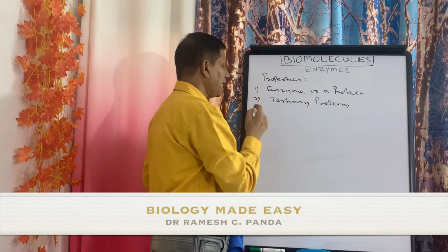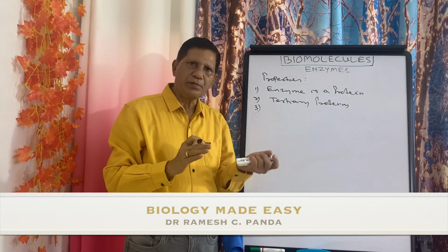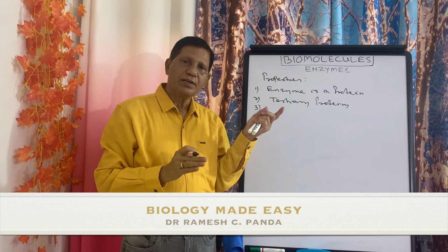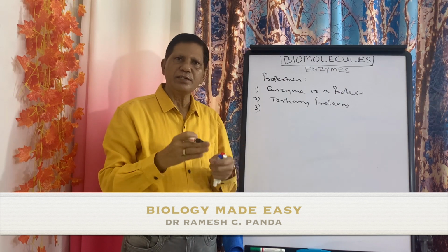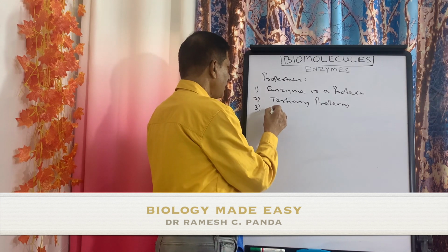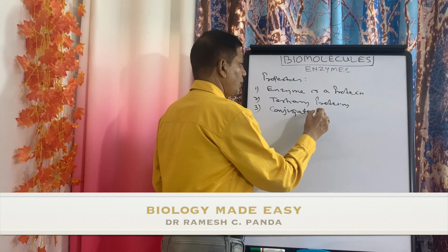Again, there is another classification. We have discussed whether the proteins may be simple or conjugate, and in chemistry we have discussed that most of the enzymes are holoenzymes. That means along with amino acids there is some non-protein part, that is, a cofactor. So these are also conjugate enzymes or conjugate proteins.